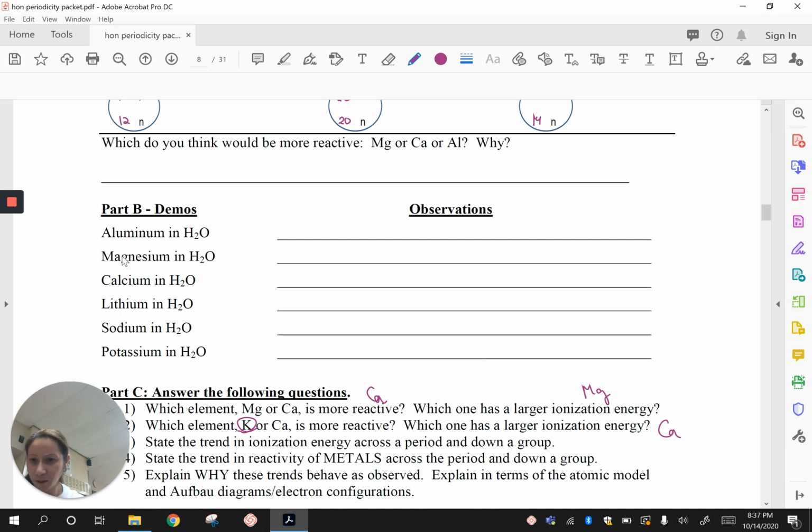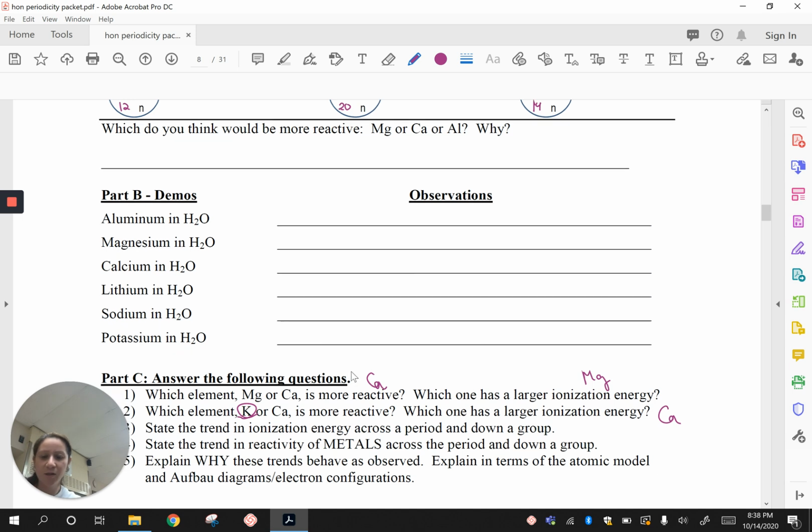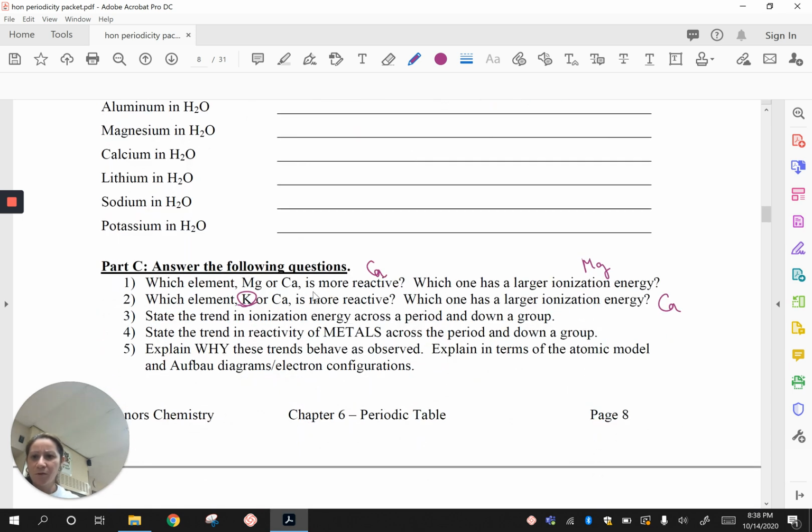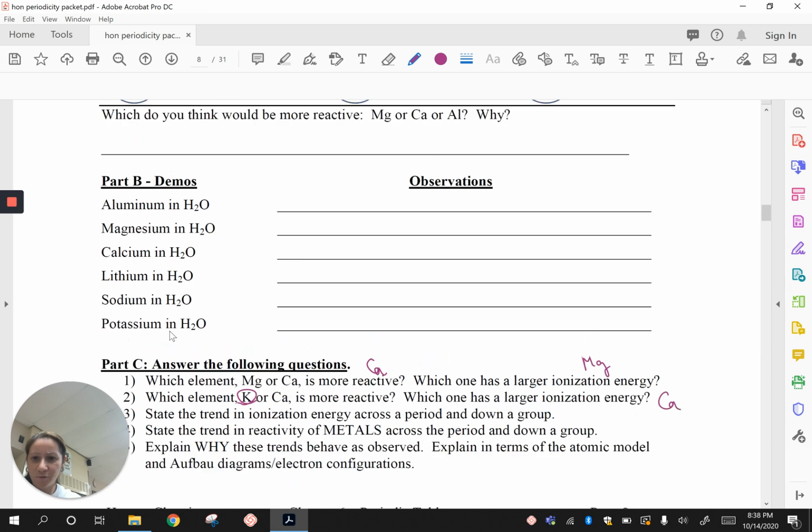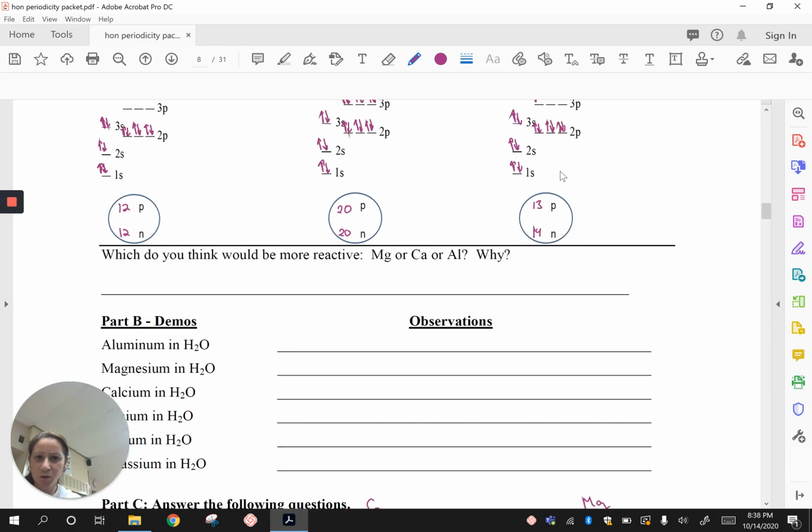Sodium and magnesium, right? Sodium reacted violently, right? We saw the orange flame, whereas magnesium, again, is this one. So not much is happening as you go across, right? Like the reactivity seems to decrease. So as you go from sodium to magnesium to aluminum across a period, it looks like my reactivity is decreasing.